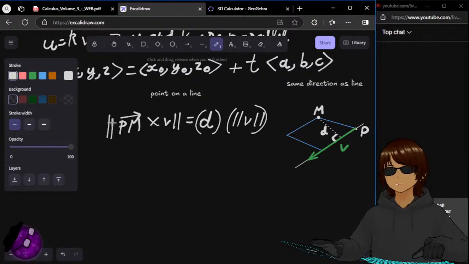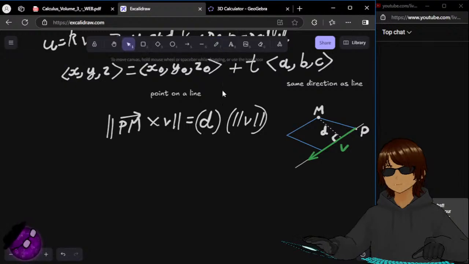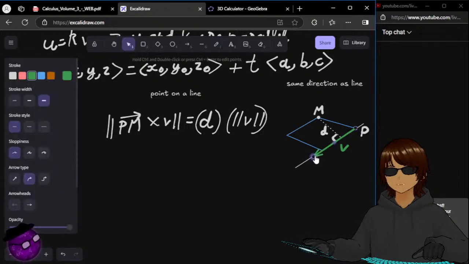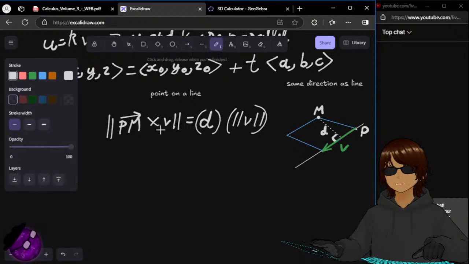The area of a parallelogram is the height, which is D, times V. So the cross product is the parallelogram formed by P, M, and V.